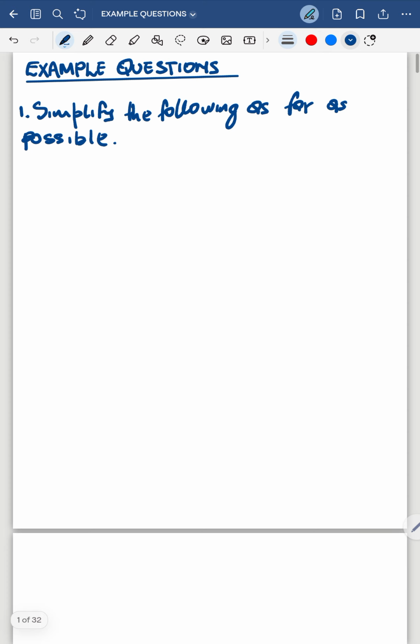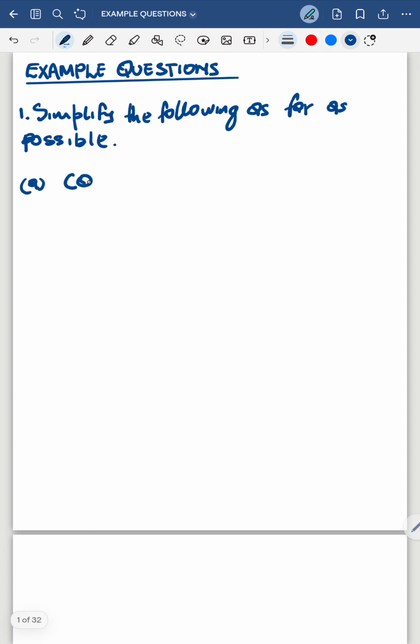This is the question. So now, let's say we have the first example question. It's actually a problem, but it's in examples because I'm going to solve them to show you how we solve these kinds of problems. So now, let's have this first problem here to solve.